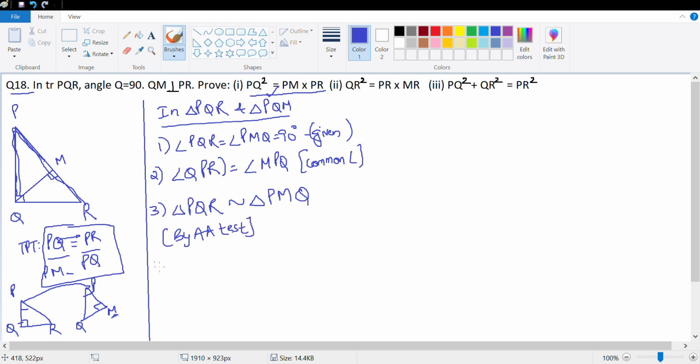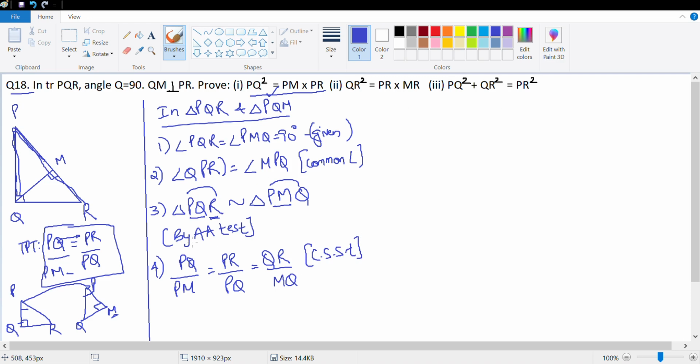Done. That gives me the corresponding sides of similar triangles are in proportion, which means PQ upon PM. I take the first two here. Then is PR upon PQ, which is 1 and 3, and then the last is 2 and 3, which is QR upon MQ. This is CSST.